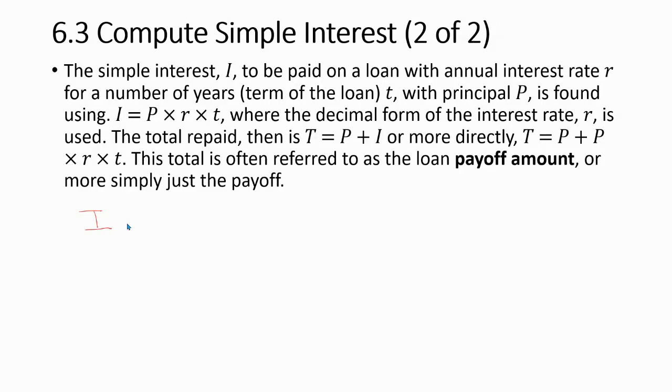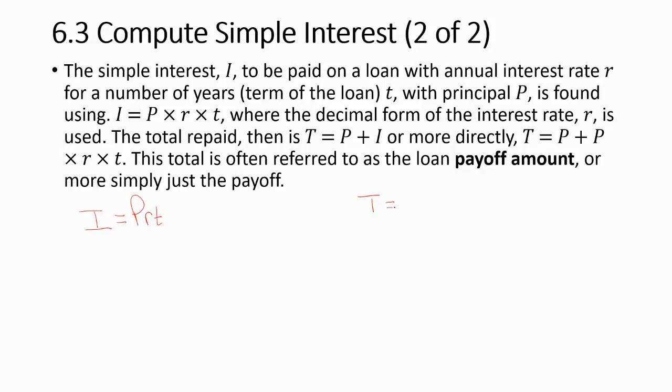So our first formula is our simple interest formula, and it is I equals the principal, or the amount that we borrow, times the annual percentage rate, which is represented by lowercase r, times the time of the loan. We're always going to use the decimal for our interest rate. We're always going to change it from the percentage that they show us into a proper decimal.